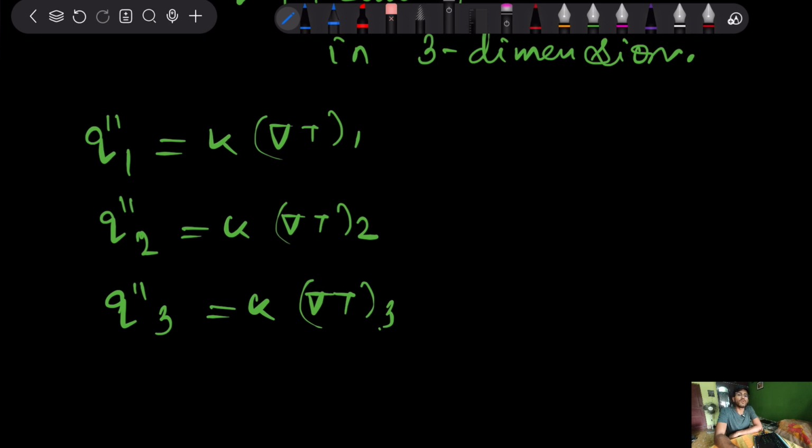And in advanced fluid mechanics or heat transfer books, they also take the help of tensor algebra.